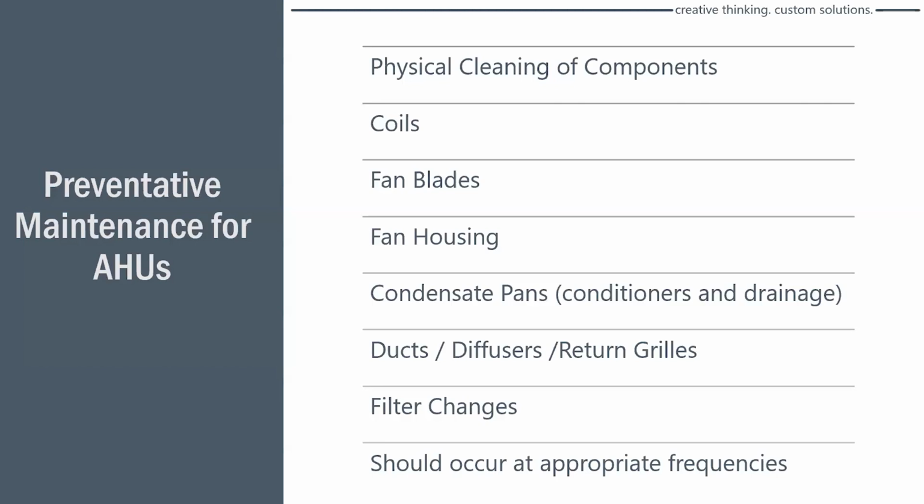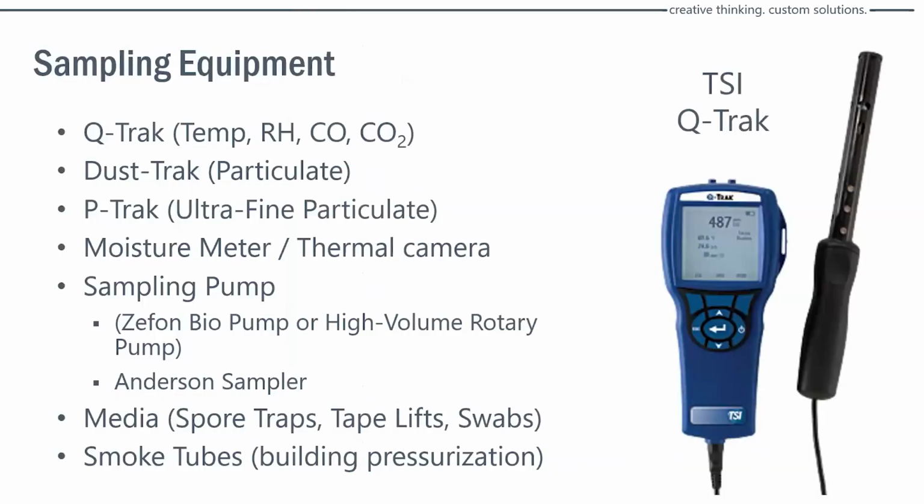And these activities should occur at appropriate frequencies so we reduce those conditions. Really, that's what we're looking at: appropriate frequencies so that we're reducing the conditions that may negatively impact the indoor air quality.